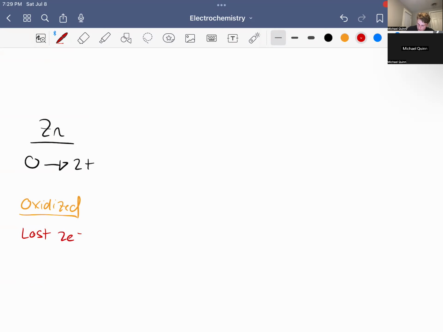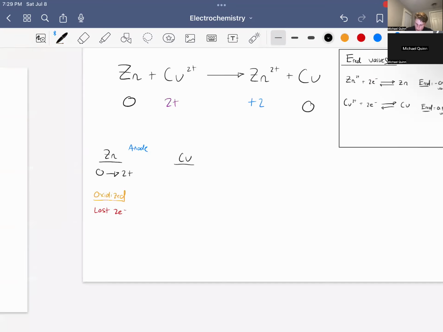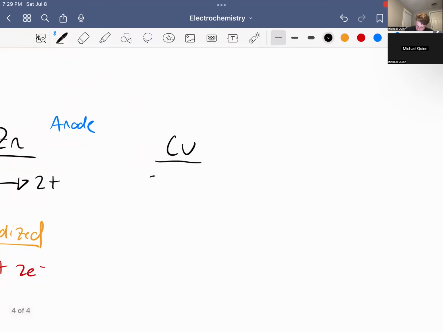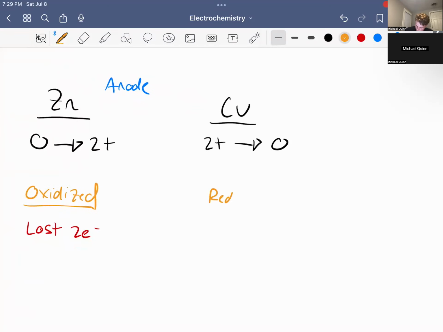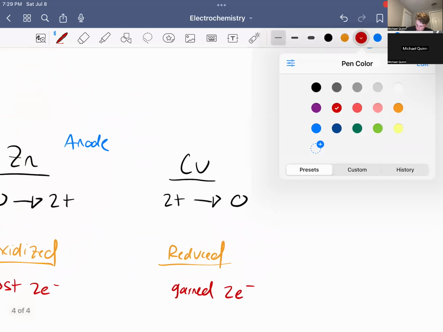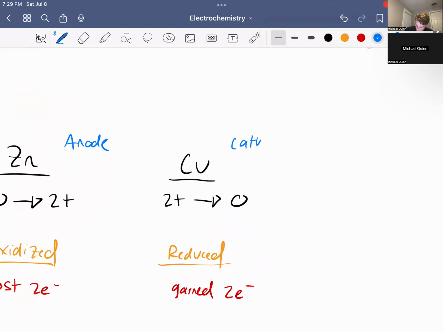We can call this our anode because we saw oxidation occur. Now, what about copper? Well, copper went from 2 plus to 0. This means it got reduced and gained 2 electrons. This can mean this was our cathode.